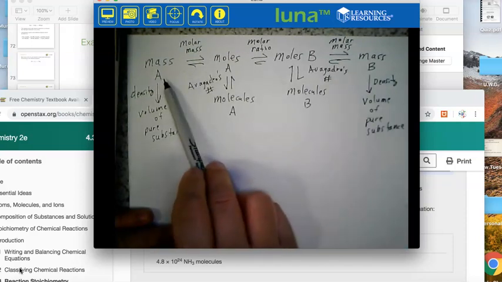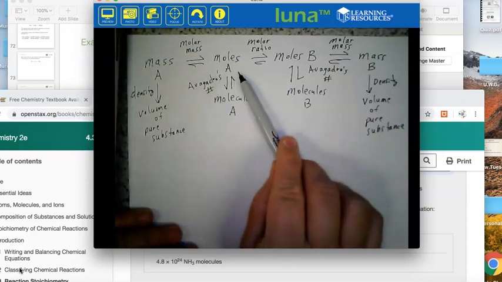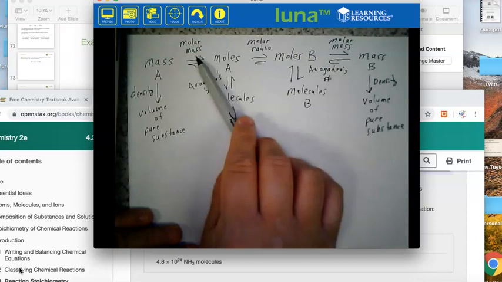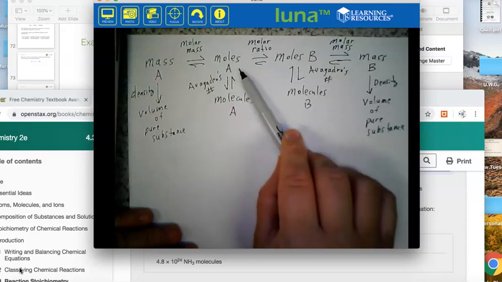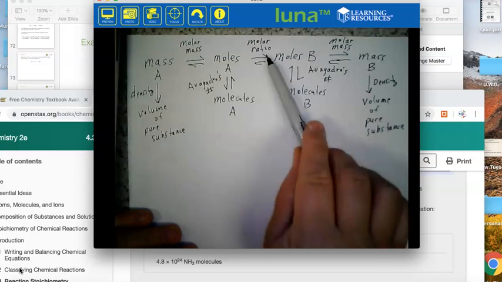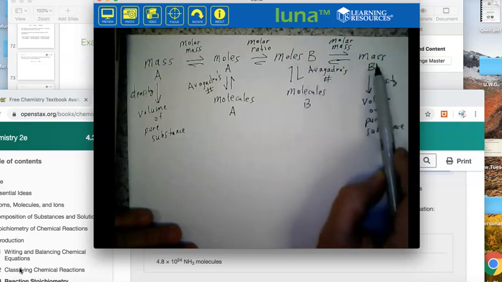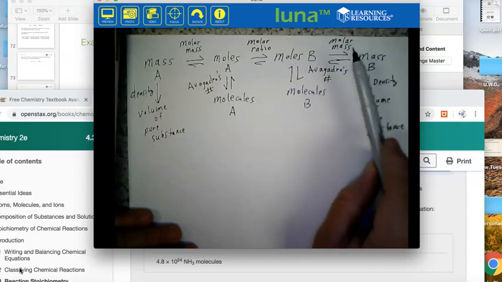So I need to go from the mass of magnesium hydroxide to the moles of magnesium hydroxide using molar mass. And then moles of magnesium hydroxide to moles of sodium hydroxide using molar ratio. That's what we get from the chemical equation. And then moles of sodium hydroxide to mass of sodium hydroxide, again using molar mass.